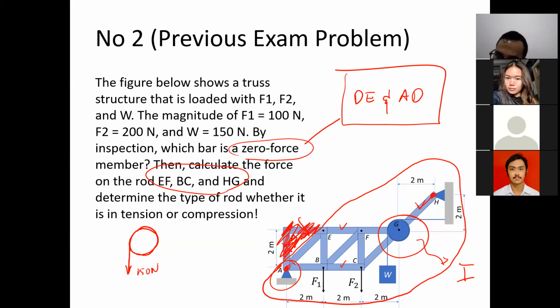We don't have to put all the members there, so just FGH. You just put it as GY and GX, which represent the force happening at the pulley due to joint G. You get it? That force is the one that we will transfer to joint G.